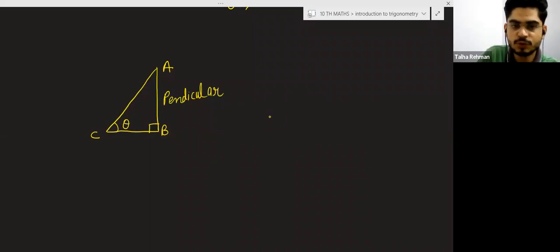Opposite to this 90 degree angle, this side AC is called the hypotenuse.